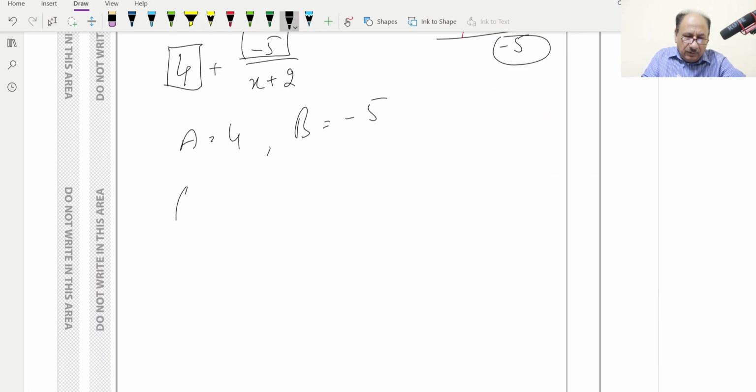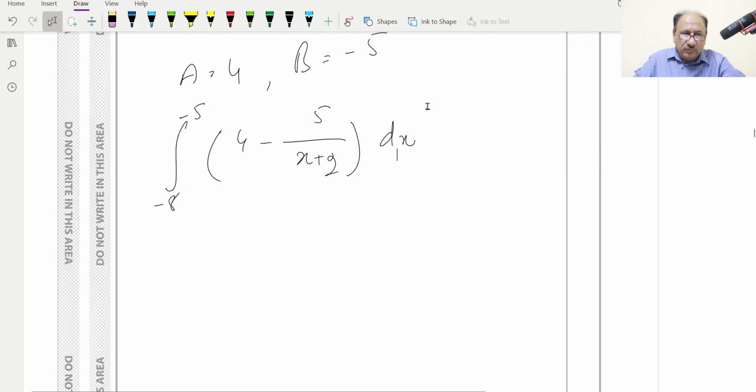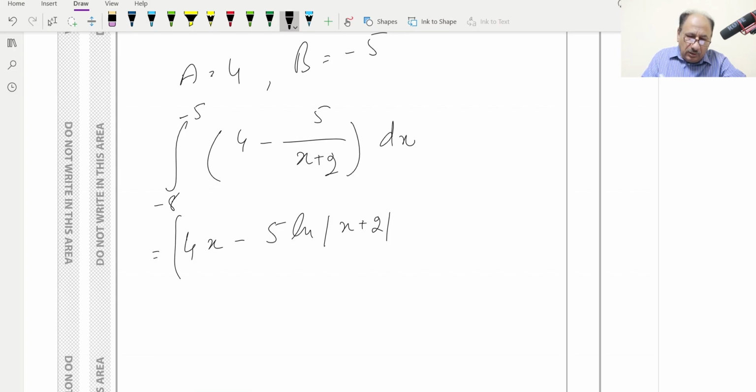We write the integral from minus 8 to minus 5 of 4 plus minus 5 over x plus 2, dx. The integral will be 4x minus 5 log of mod x plus 2, with upper and lower limits.